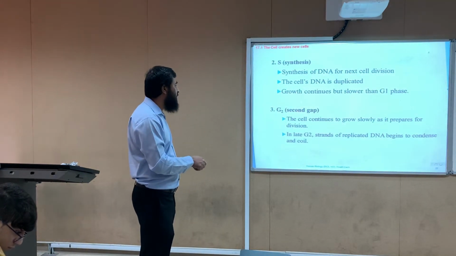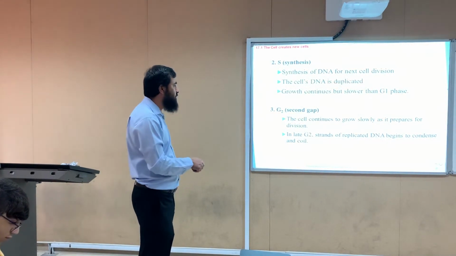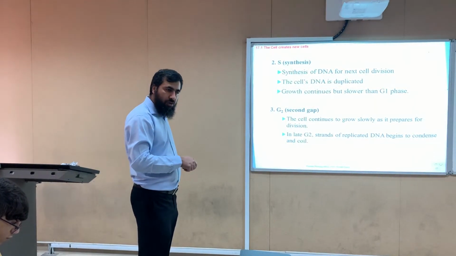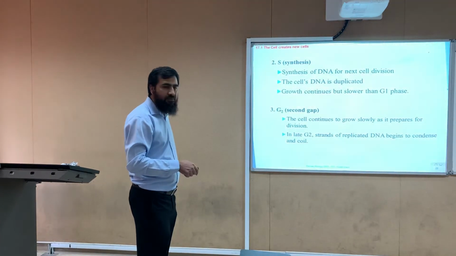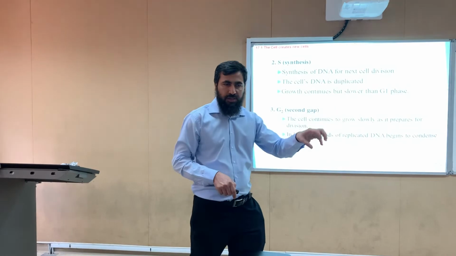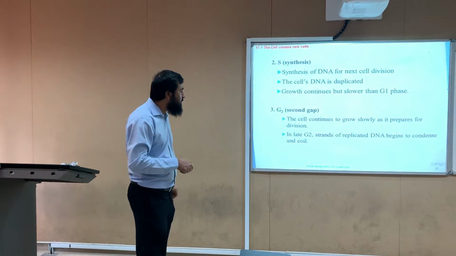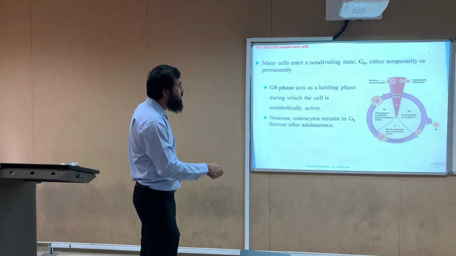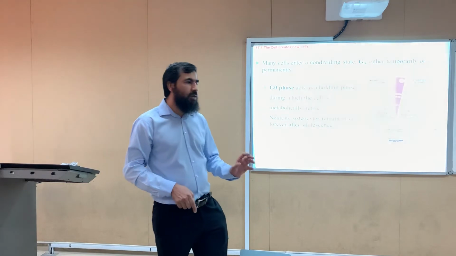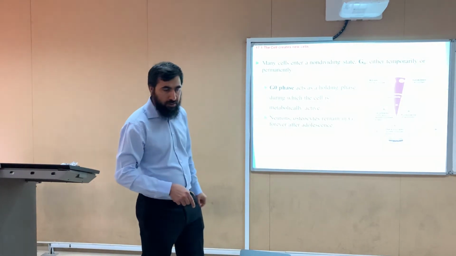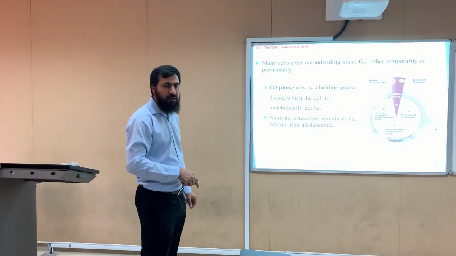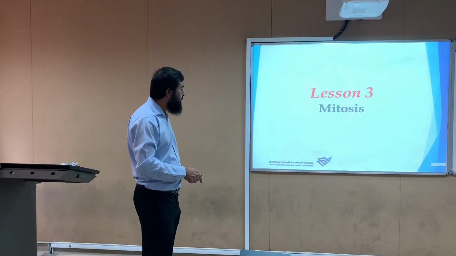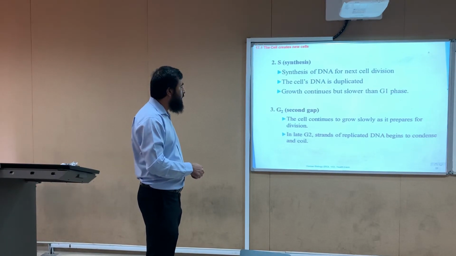Then we enter the final sub-phase of interphase, the G2 phase, the second gap phase. You get growth, but it's slower because it's preparing the cell to enter mitosis, cell division, okay? And in the late stages of this phase, right about here, you start to get the first appearance of the chromosomes, right at the end of it, just before the beginning of the mitotic phase, okay?